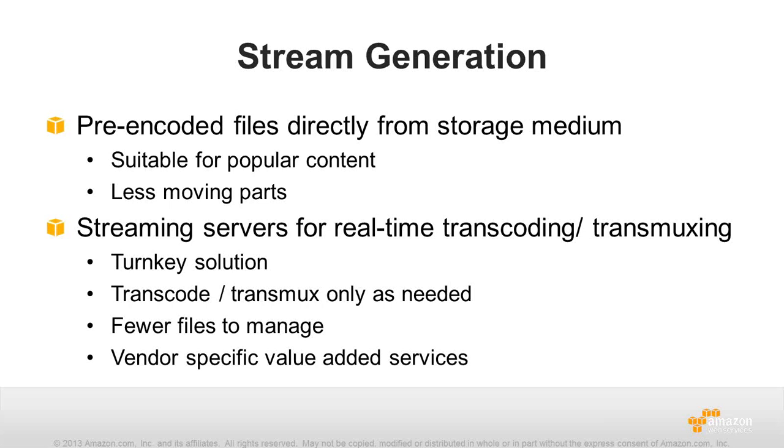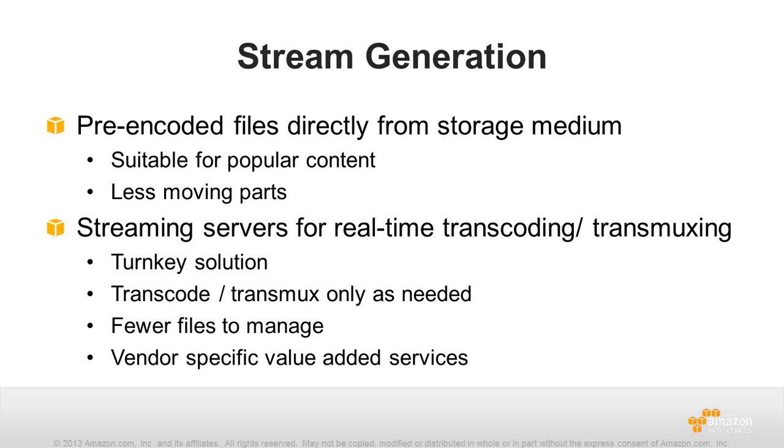So, we talked a little bit about this, but pre-encoding the files is suitable for popular content because you're encoding it once, and you're delivering the same content over and over to your users. It has the advantage of fewer moving parts because once you've done the encoding, those files are there in your storage medium.